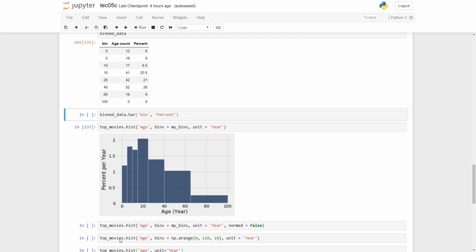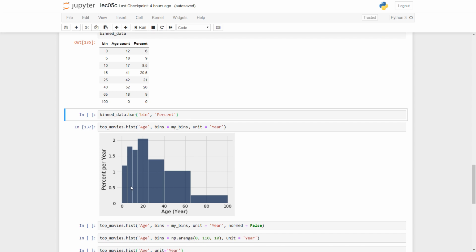For example, let's say that this bin has so many movies, maybe 70 movies within 5 years. That's very crowded, right? So the density is 70 over 5, which will be very high.